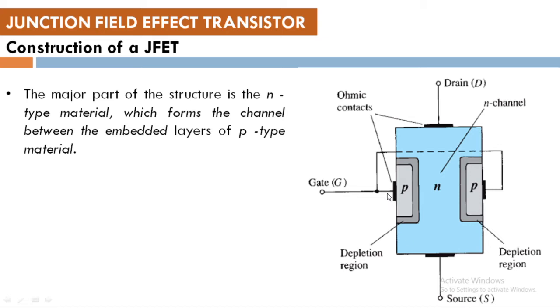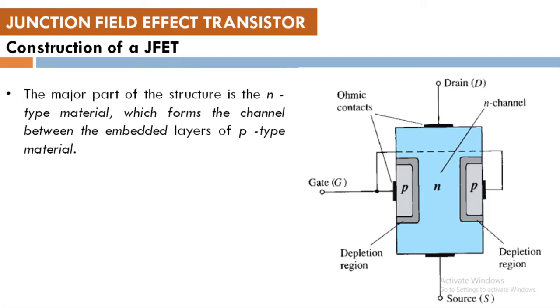Since we are doping a P type onto an N type, obviously there will be a flow of charges to establish the equilibrium and they will form a depletion layer or region or a space charge region.